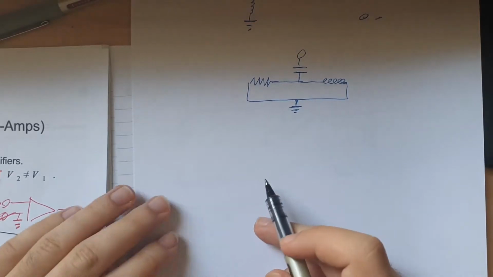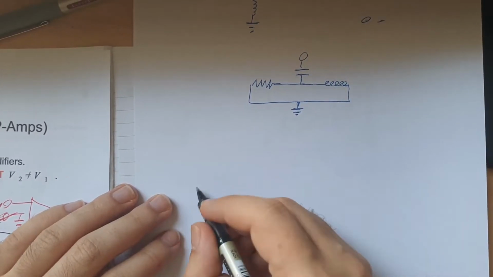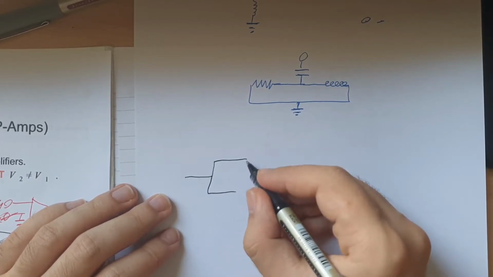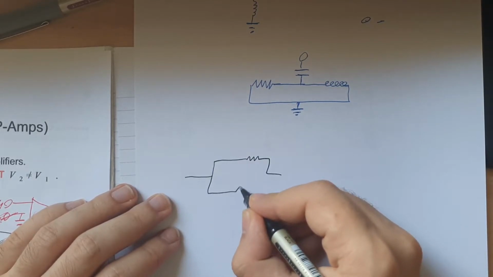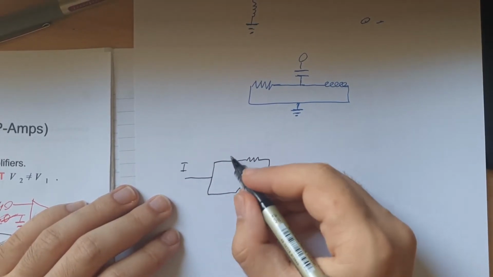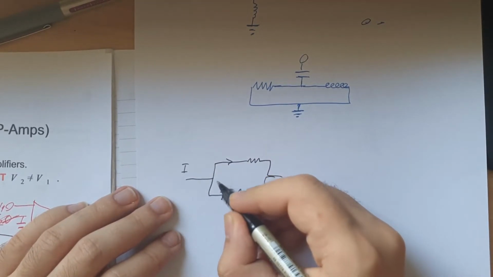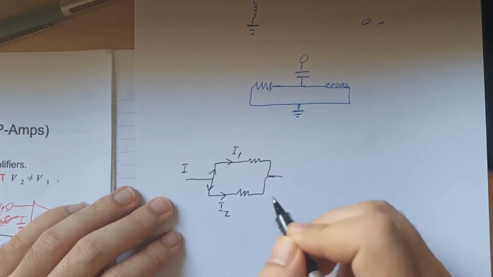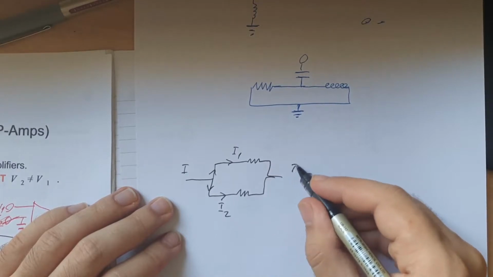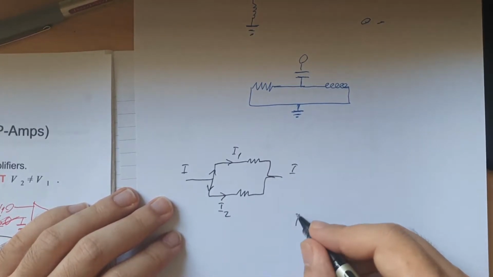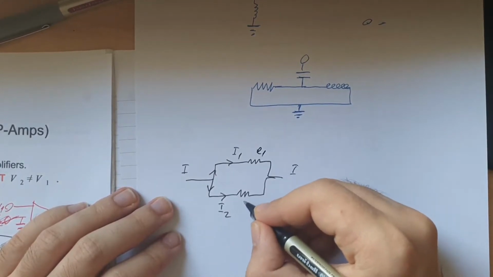Alright, but if you don't remember the current divider rule, which I'm surprised if you don't, let's put the resistance here just for the sake of it. Basically, it says that the total current here, I, is spread in two parts, I1 and I2, and it comes out as I. Let's call these R1 and R2.